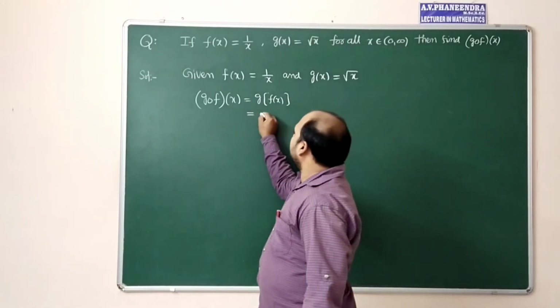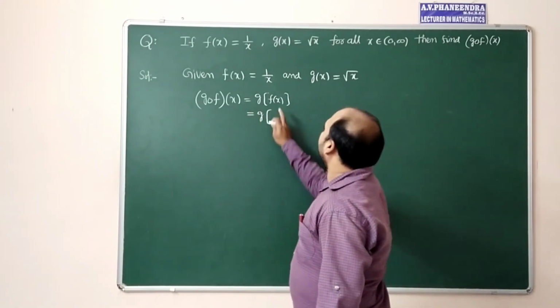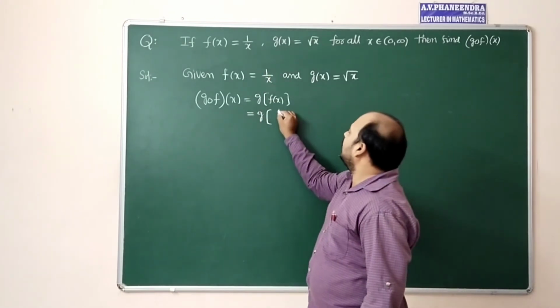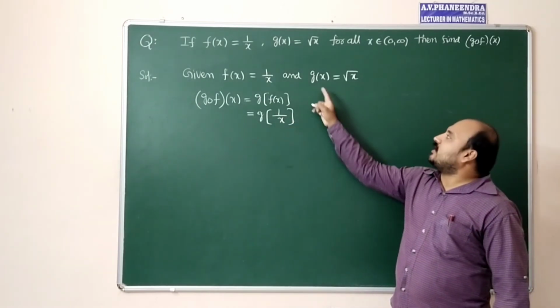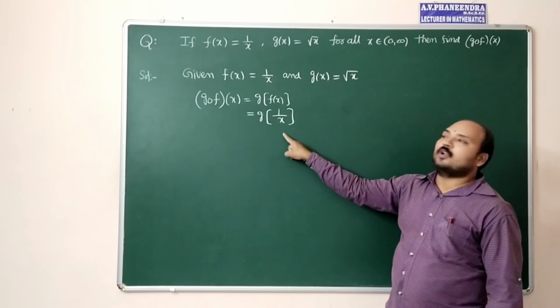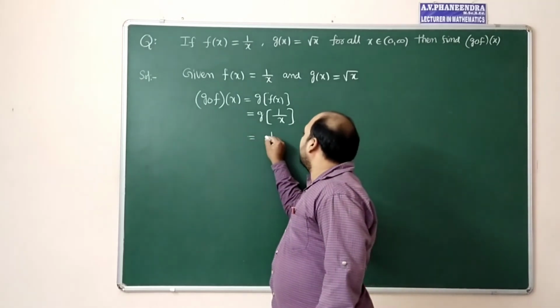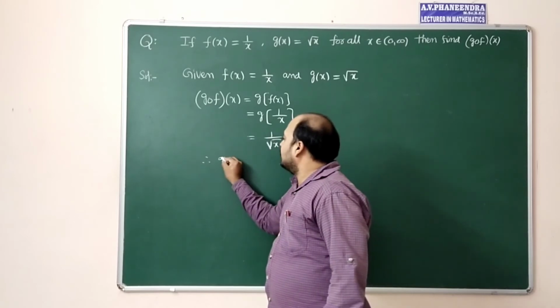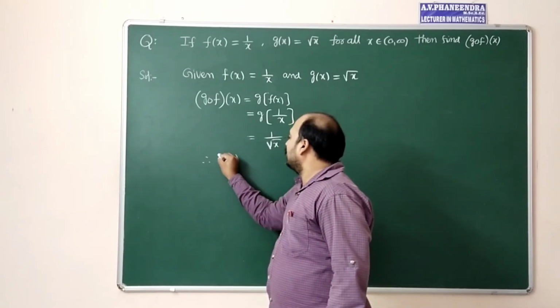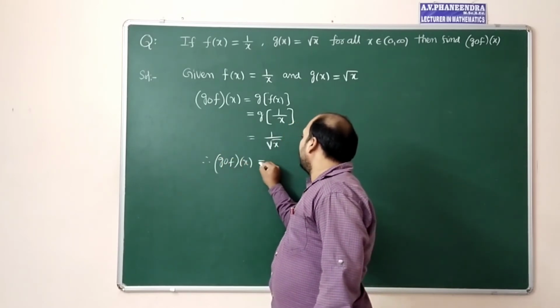What is f of x here? 1 by x. So g of 1 by x. What is g of x? Root x. g of 1 by x means 1 by root x. Therefore, g circle f of x equal to 1 by root x.